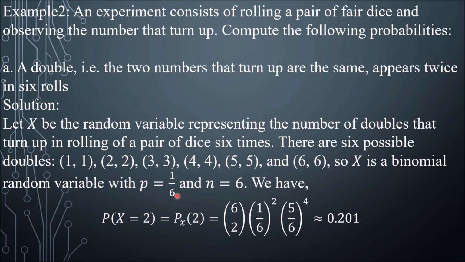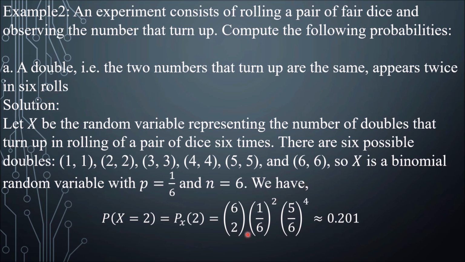Why 1 over 6? Because there are 36 combinations and there are 6 doubles. And n is equal to 6 because we are rolling a pair of dice 6 times.